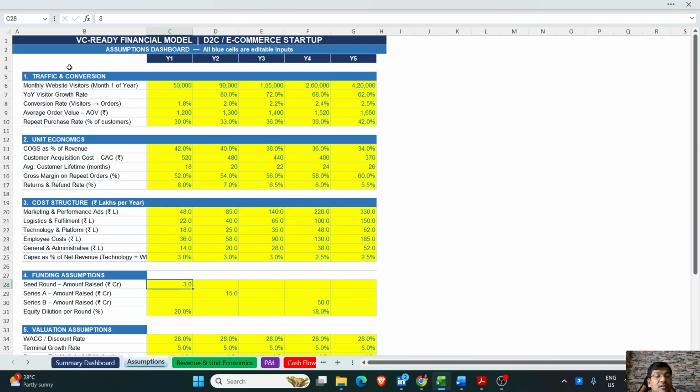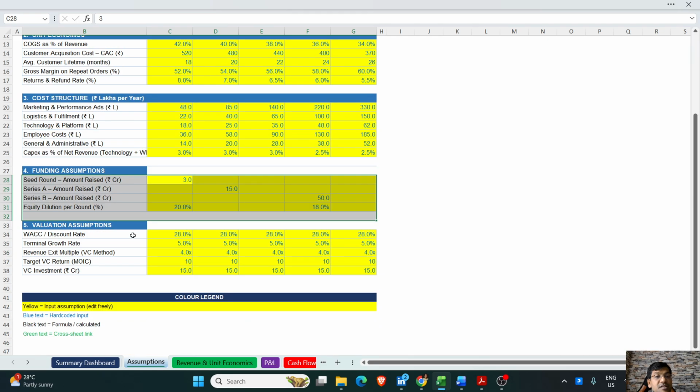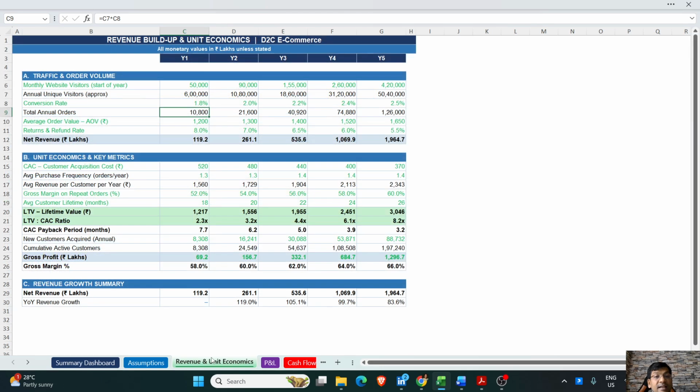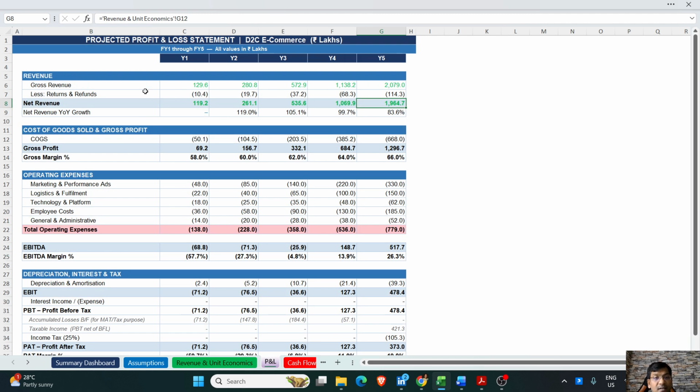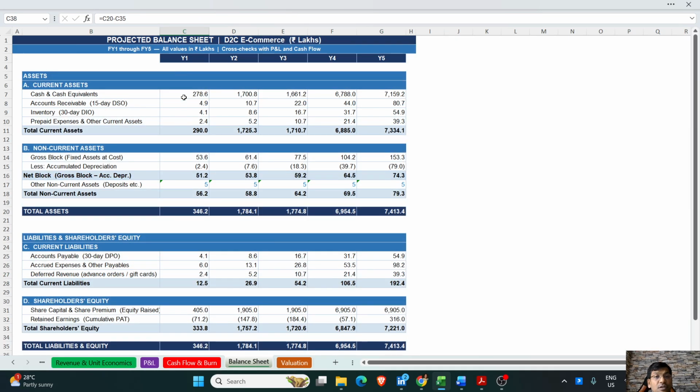We started with assumptions around traffic and conversion, moved to unit economics, the cost structure related assumptions, funding related assumptions, discount rate, terminal growth rate, etc., and then move to the flow of revenue, the unit economics like CAC, lifetime value, and then the payback period, etc. And then we have the total P&L which we have built here, converted that also into a cash flow to get my movement of cash flow and closing cash balance, and that becomes the starting base for the balance sheet.